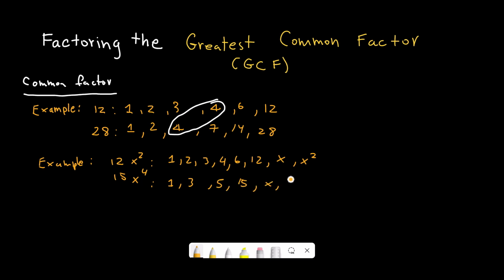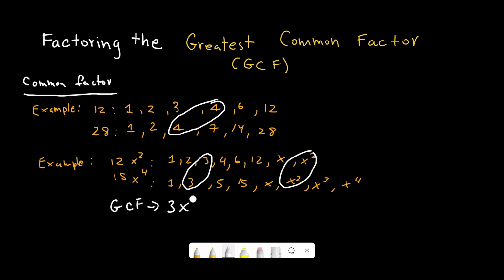Now let's find the variable, just like the first problem: x squared, x to the third, x to the fourth. Now let's find the greatest common factor. The number that divides both numbers is 3. And the biggest variable common to both is x squared. Great. Now, as you can see, the GCF for 12 and 15 will be 3x squared.